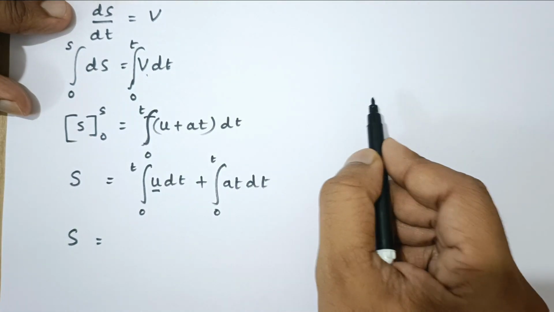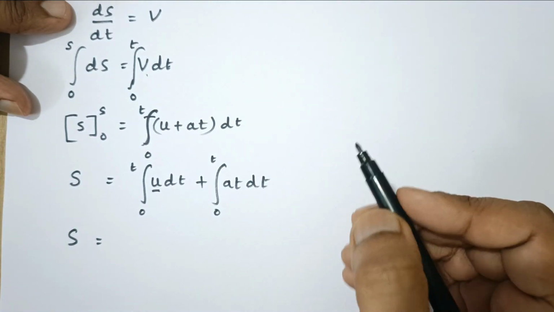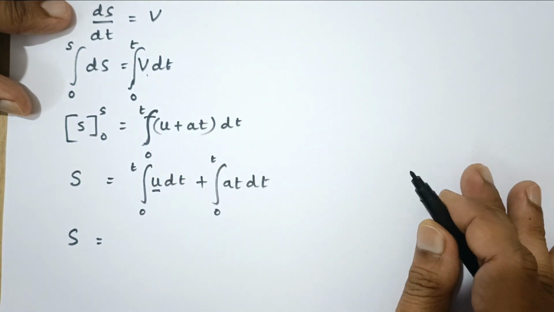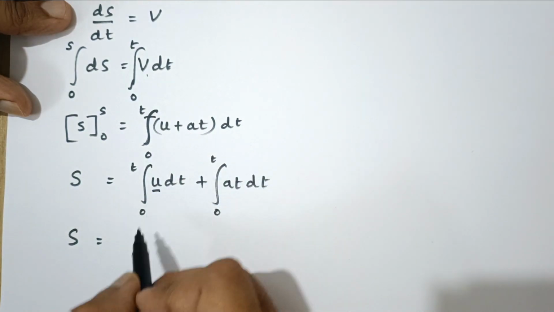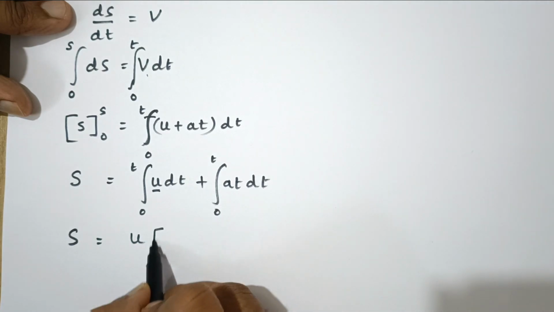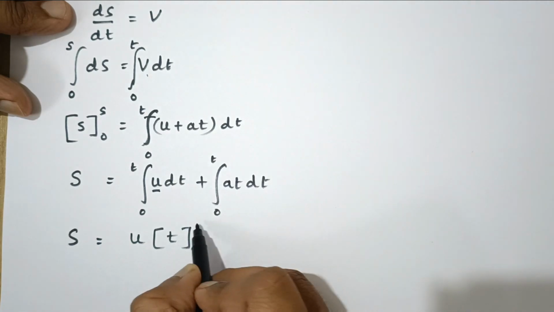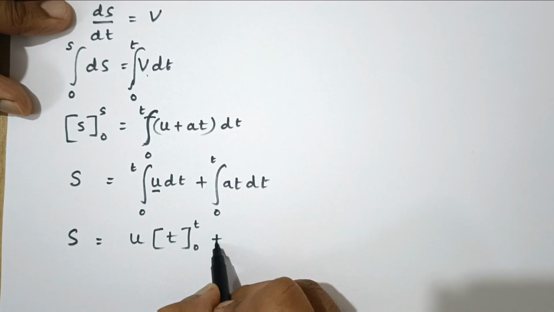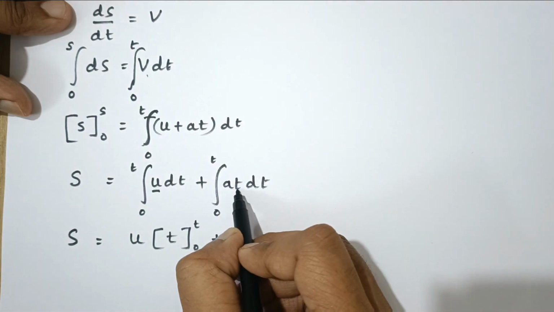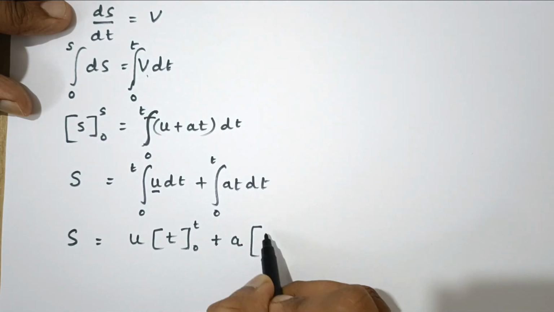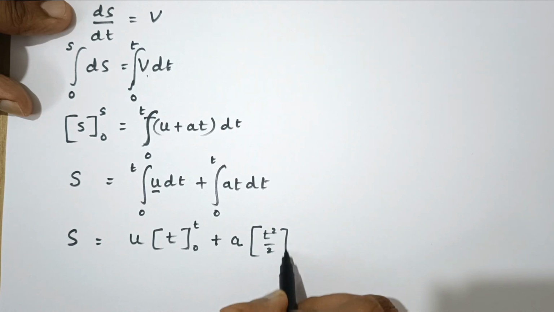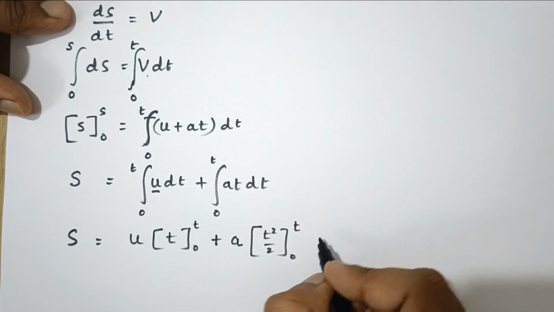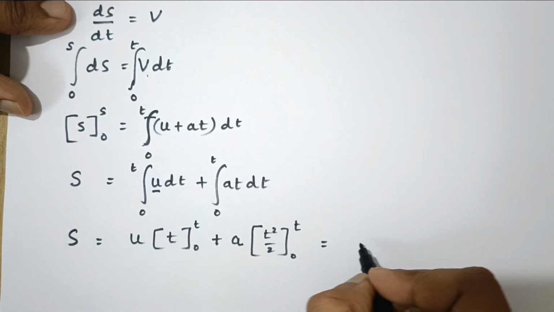Now, u is constant. When the body started at time is equal to 0, the velocity was u, and throughout the entire motion u is constant. So u will come out, integration of dt is t, upper limit is t, lower limit is 0, plus a. Now integration of t is t square by 2, from 0 to t. So I'm going to simply substitute upper limit minus lower limit.